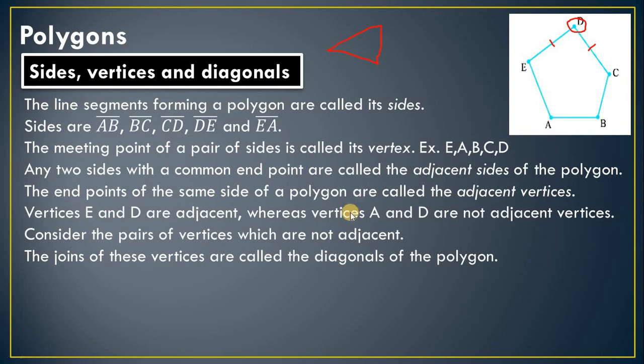Consider a pair of vertices which are not adjacent, and the join of these vertices is called a diagonal of the polygon. If I consider the two points E and D, these are non-adjacent. Why? Because they are not neighboring. E and A are adjacent vertices because a common side is there. Here E and B are non-adjacent.